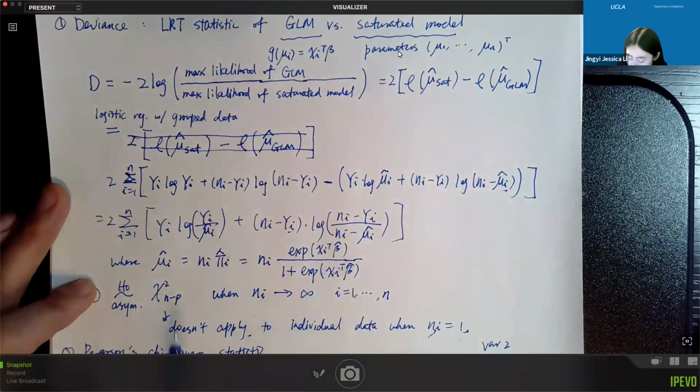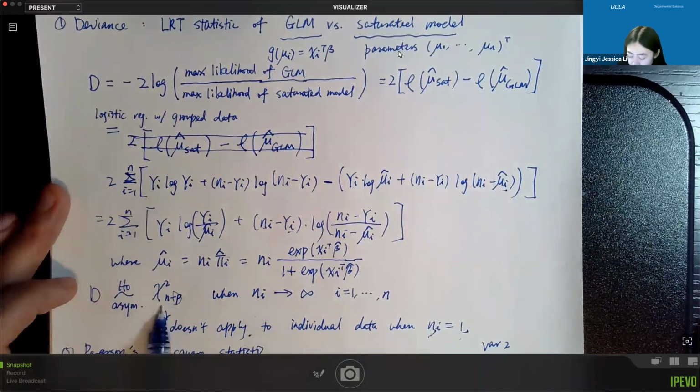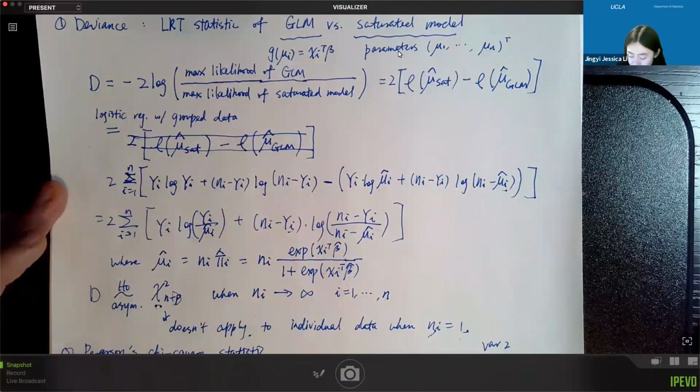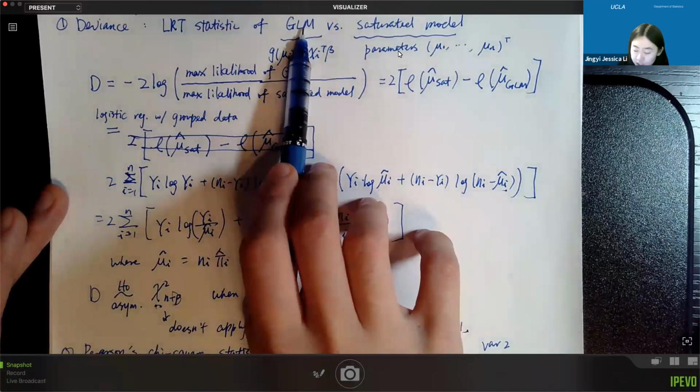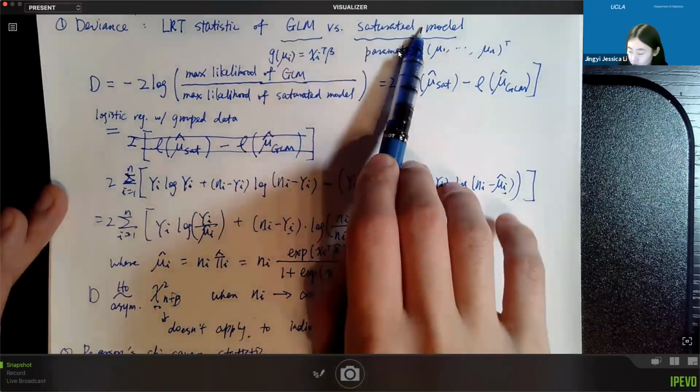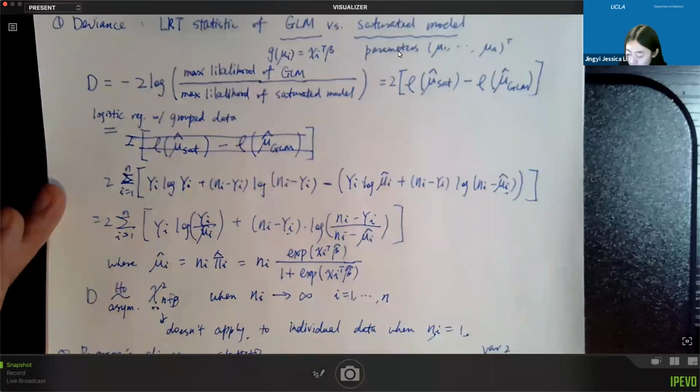Whenever this asymptotic distribution is applicable, it is very useful because it helps us assess whether the deviance statistic we calculate on our data is big enough. When it's big, it means that it's unlikely to be from this null distribution. Here the null is that the GLM does not differ from the saturated model in terms of explaining data.